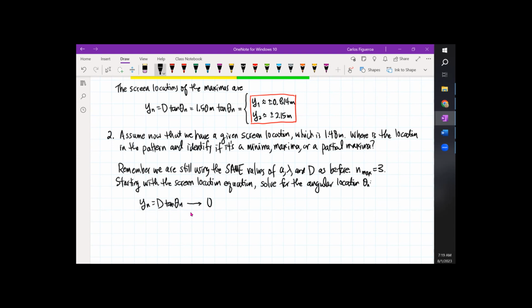Now solving for theta n, I'm then going to have the tangent inverse. Now I'm going to put in my values here. So my value will be 1.48 divided by 1.50. And you could see here that that really forms a 45-degree angle. But if you calculate the details, this becomes 44.6 degrees, which is what we expected.